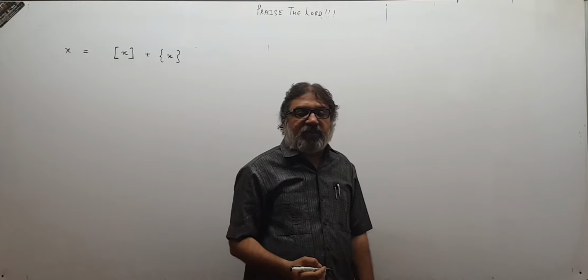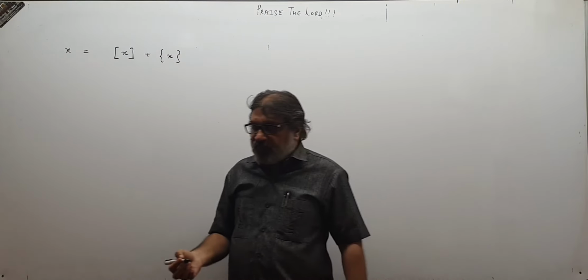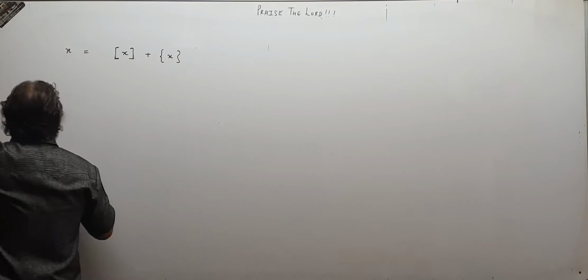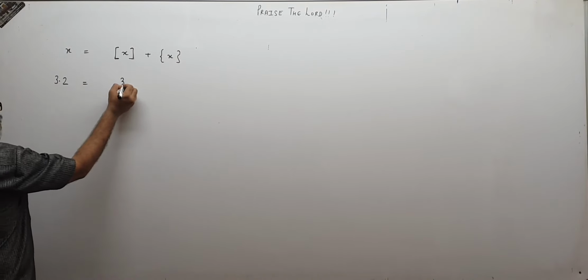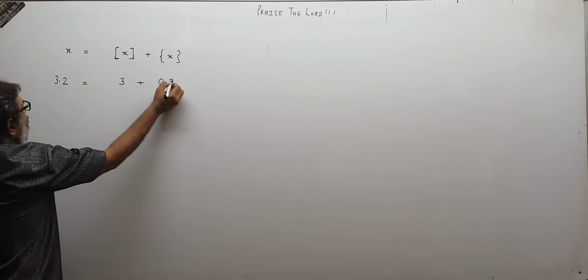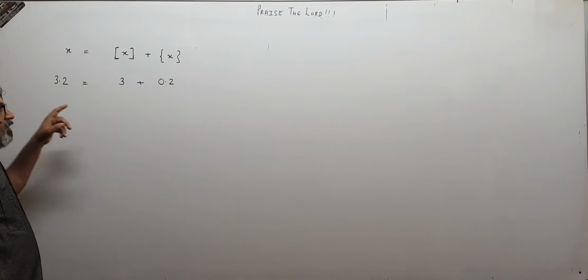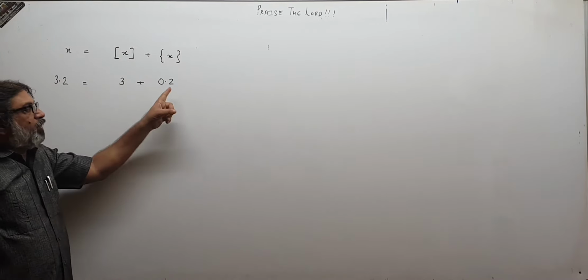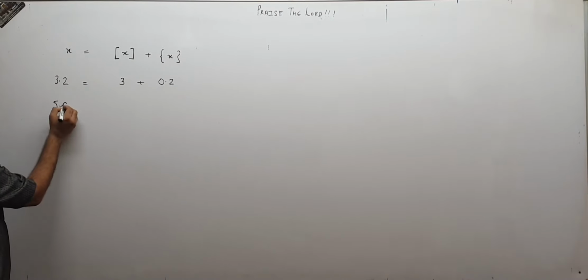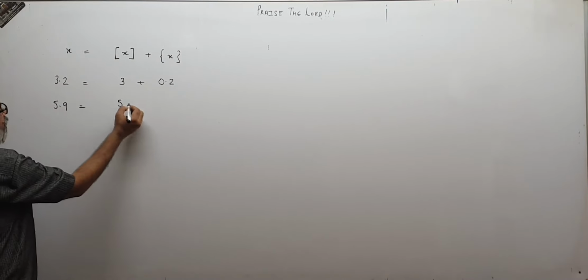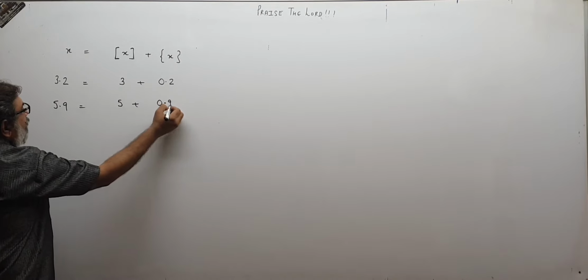One is the integer part and one is the fractional part. Now please remember, supposing I am given a number 3.2, this can be written as 3 plus 0.2. So 3 is the integer part and 0.2 is the fractional part. If I am given a number like 5.9, so 5 is the integer part and 0.9 is the fractional part.